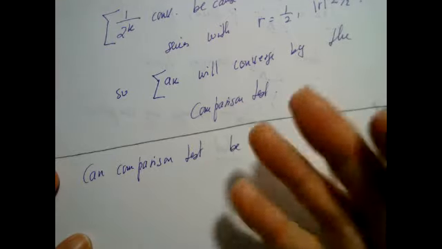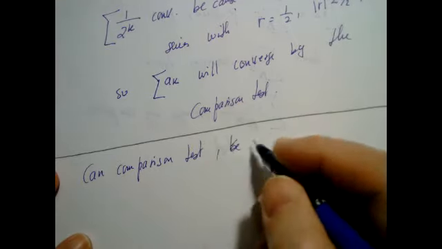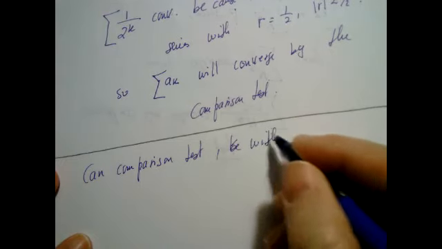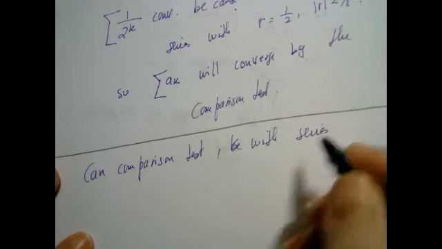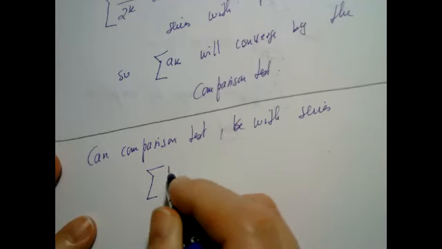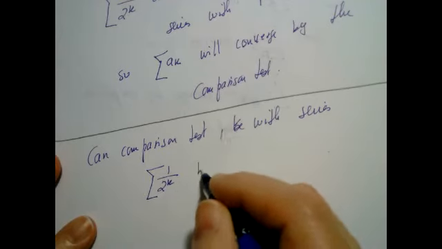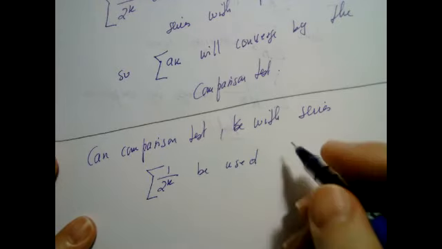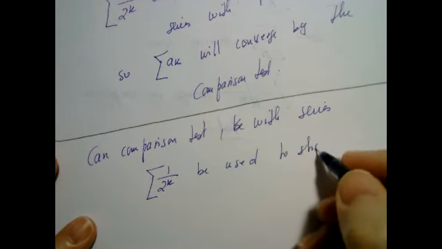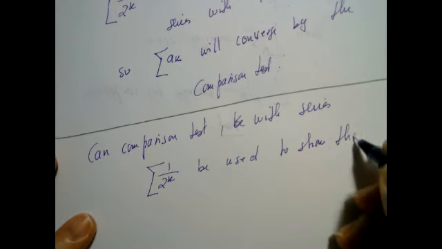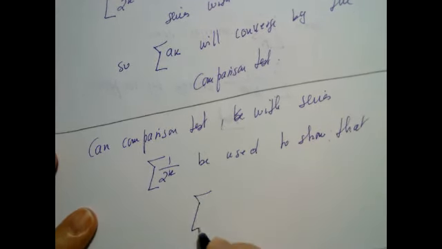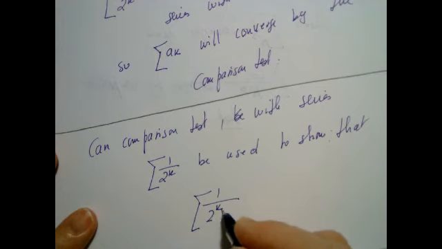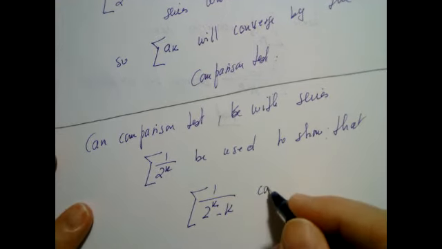Can the comparison test, with the series sigma 1 over 2 to the k, be used to show that sigma 1 over 2 to the k minus k converges?